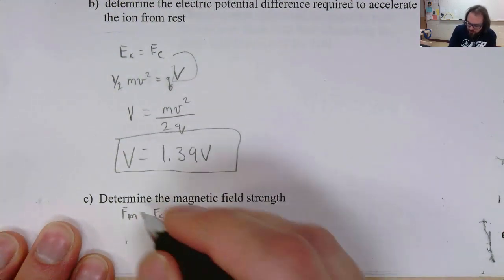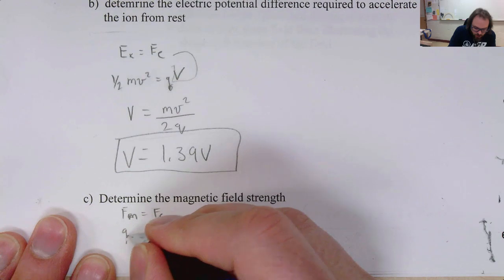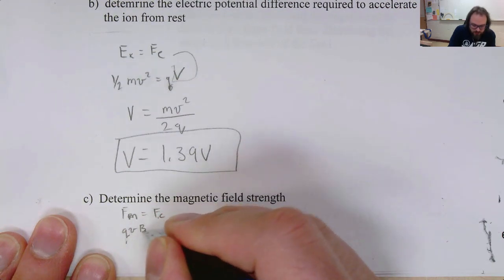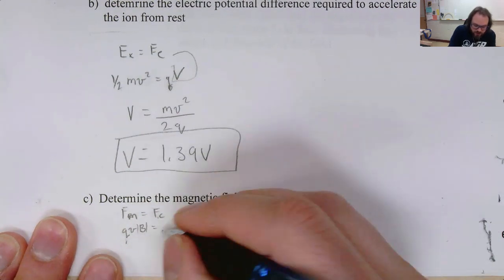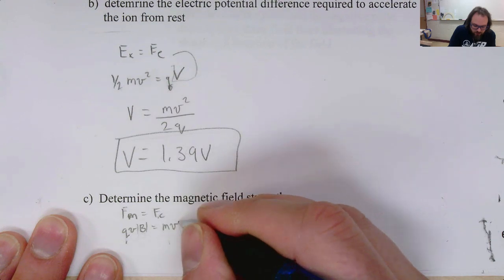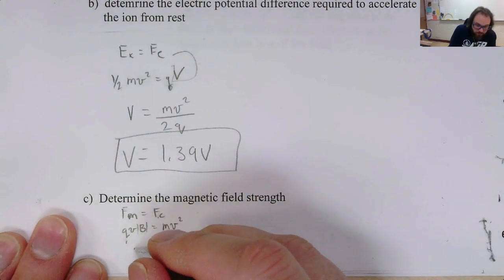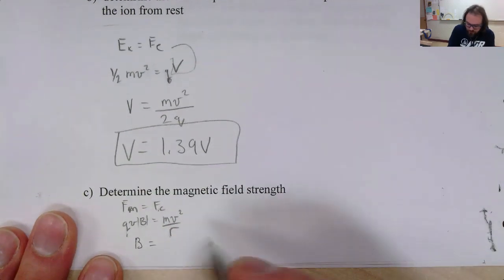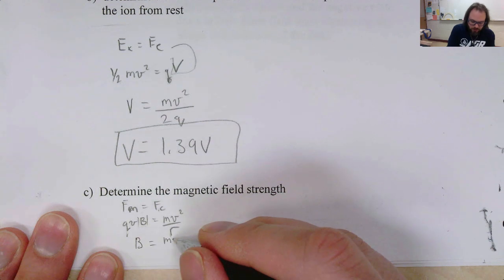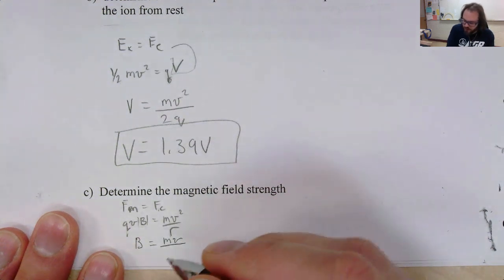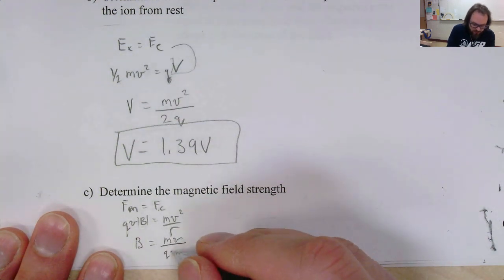So in other words, my charge times my velocity times my magnetic field is equal to my mass times my velocity squared all over the radius. Or in other words, my magnetic field is equal to my mass multiplied by my velocity divided by my charge times my radius.